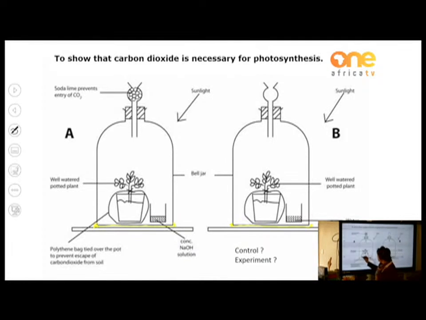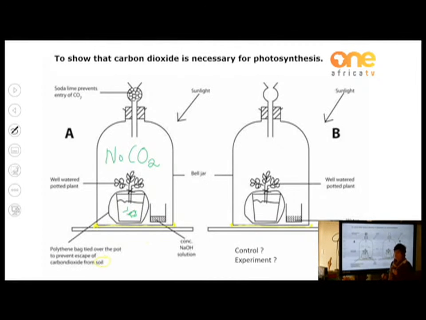What do we see here? We see that they seal off even the soil. Why? Because remember, in the soil there are a lot of microorganisms, and these microorganisms respire, and they will give off carbon dioxide. We want to make sure that there is no carbon dioxide in this jar. Good.